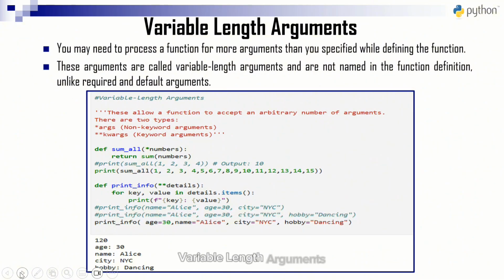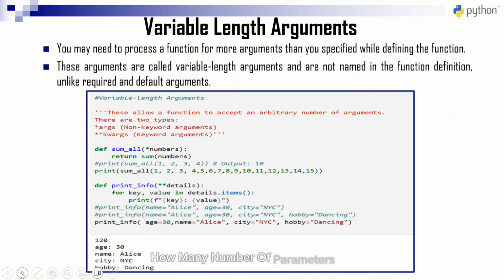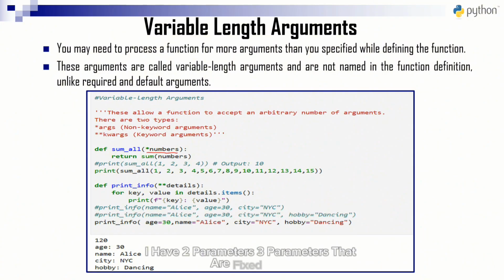The next is variable length arguments. In this type of arguments, I don't have to worry about how many parameters I have to use. It can be 1, 2, 3, 4, and I don't have to specify it in the function definition. Like in earlier examples we have seen, I have 2 parameters, 3 parameters that are fixed, right?